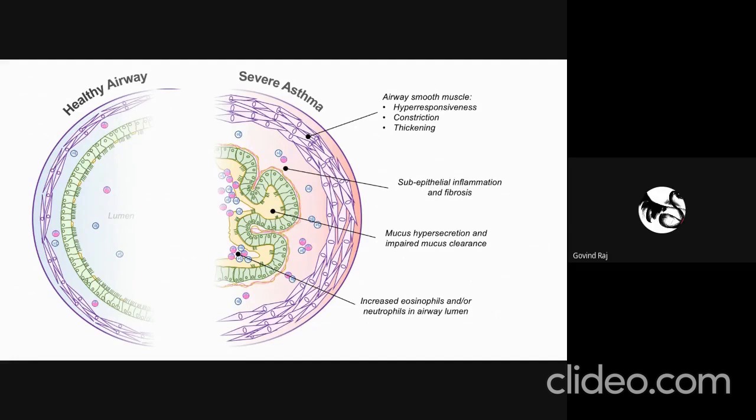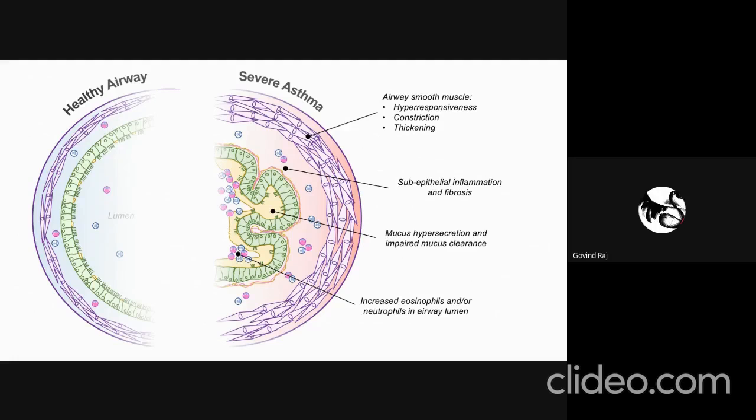Here, the airway smooth muscle hyperresponsiveness causes constriction and thickening. This thickening causes subepithelial changes. All these things are manifested due to inflammation. So there is mucus hypersecretion and impaired mucus clearance.